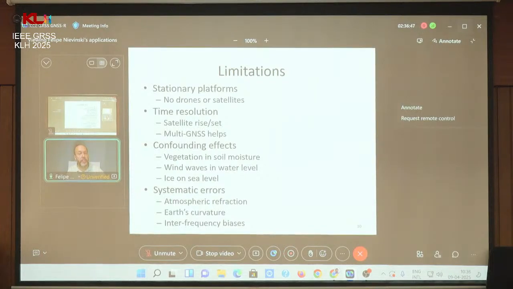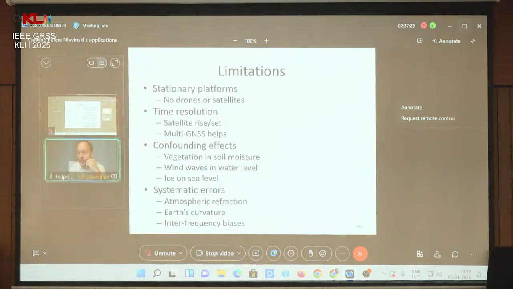The only way to improve time resolution is to observe multiple GNSS constellations: GPS, plus GLONASS, plus Beidou, plus Galileo, etc. And you can put the antenna high so that you get more oscillations in the interference spectrum, and then start to play some games with narrow windows in your satellite path. But still, the time resolution is not much better than about an hour.